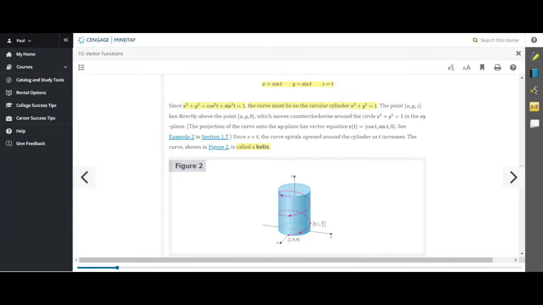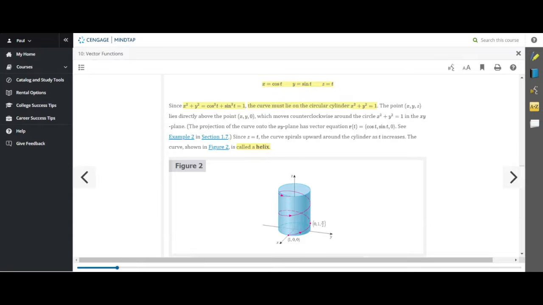So what's going on here? The space curve for this helix with the components x equals cosine of t, y equals sine of t, and z equals t. The space curve is going up with t. So as t increases, the arrow goes in the direction of t when t increases.